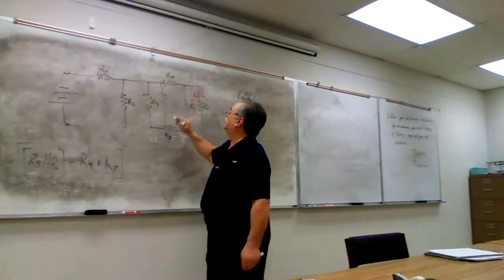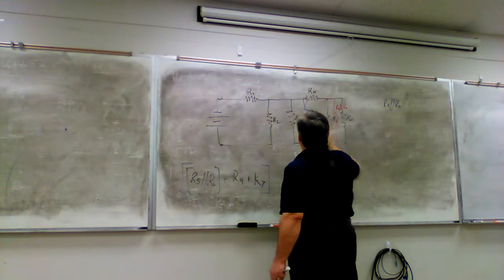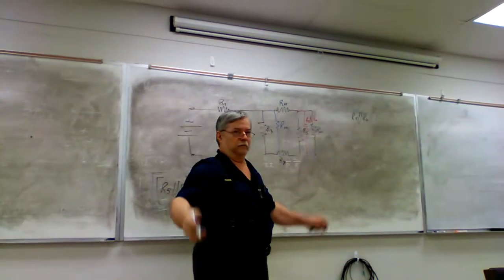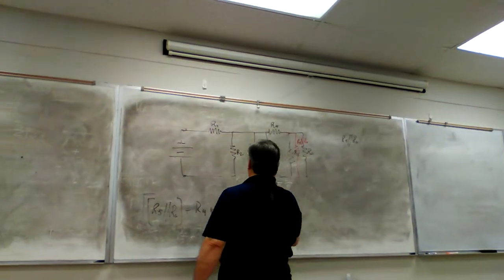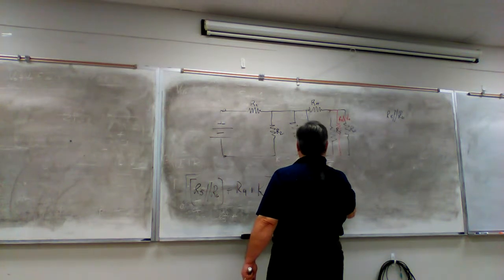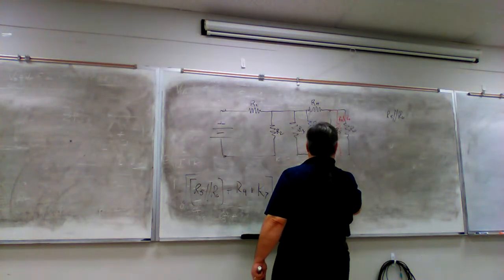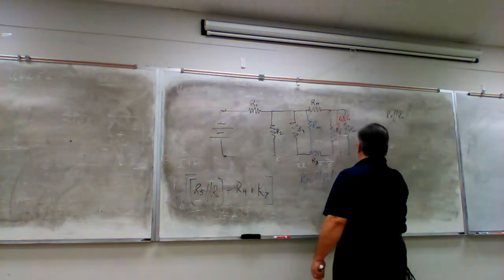Now you've got this, which I'm just going to call RM, for medium or middle, somewhere in the middle of the calculation. Now you've got RM in parallel with R3 in parallel with R2.